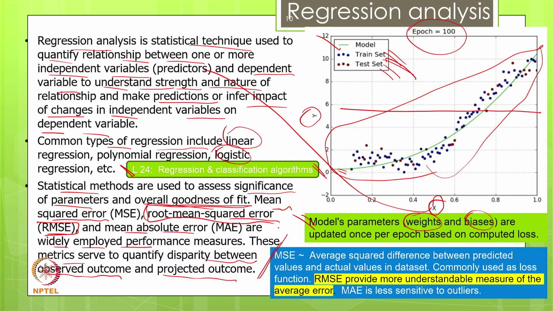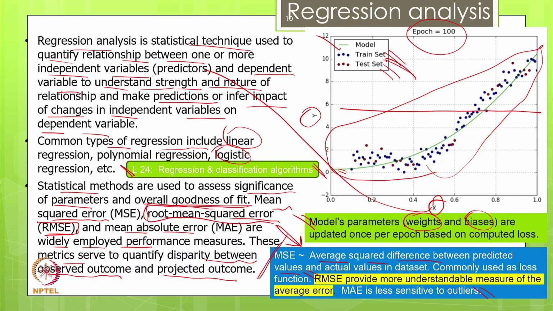So what we have written as MSE here is basically the average of squared differences between predicted values and actual values. What is the error coming out of that? I mentioned that MSE provides a more understandable measure, so that's why it has been utilized extensively. However, if there are many outliers, then many times we also use MAE.